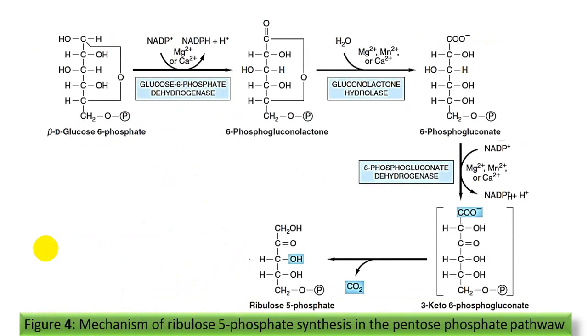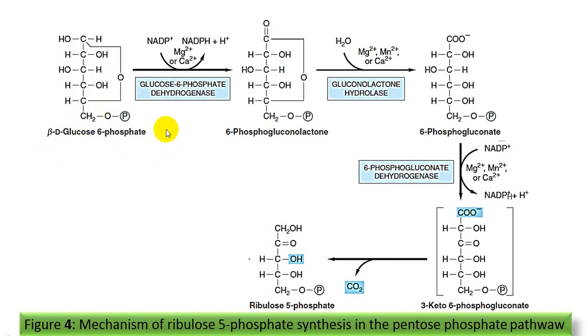Okay, this is the mechanism of ribulose 5-phosphate synthesis in the pentose phosphate pathway. Have a look at this glucose 6-phosphate: D means the hydroxyl group on the carbon is on the right, beta for the active aldehyde group, beta not alpha. 6-phosphate: 6 carbons, and the phosphate group is on carbon number 6.